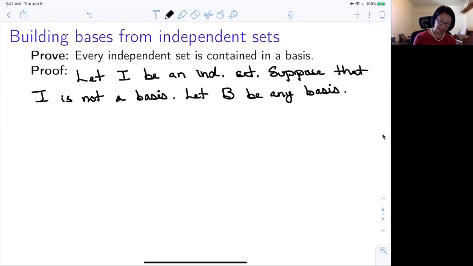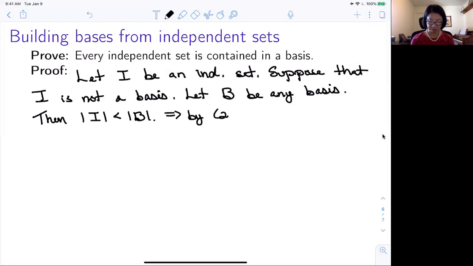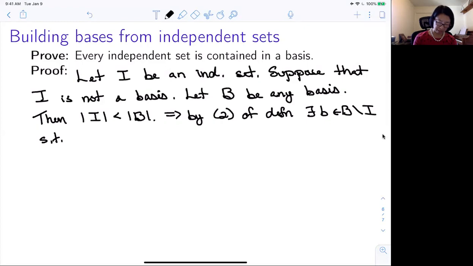Since I is an independent set that's not a basis, the cardinality of I is less than the cardinality of B. So then, again, by that same part 2 of our definition of a matroid, there has to exist a little b in capital B, take away I, such that I plus b is independent.